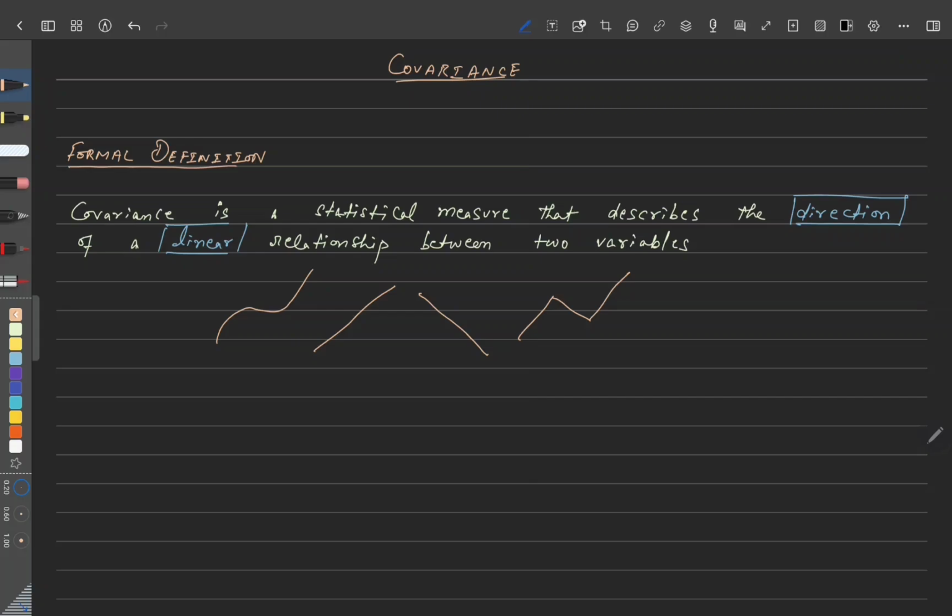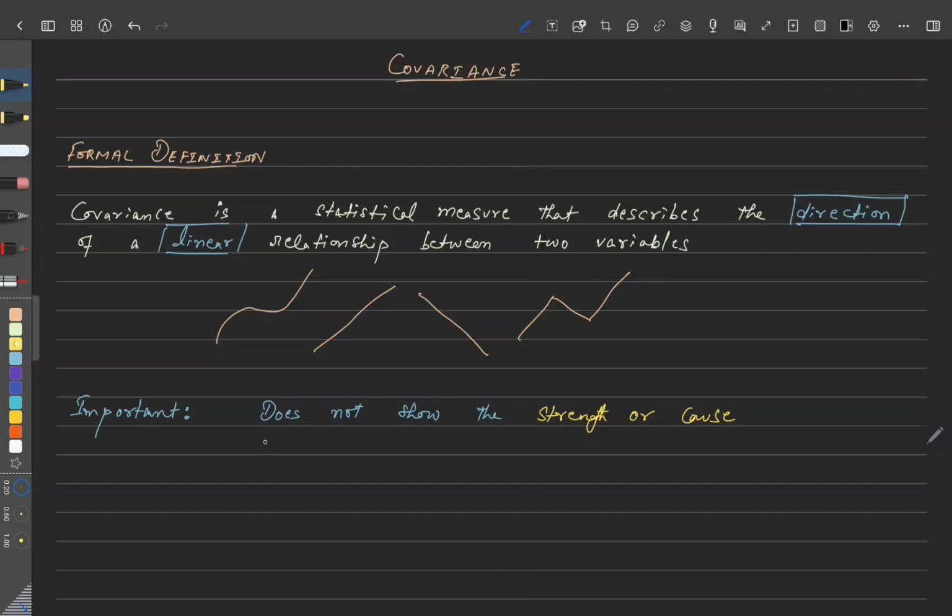Another thing to note here, and this is very important, is that covariance does not show the strength or cause of the relationship.